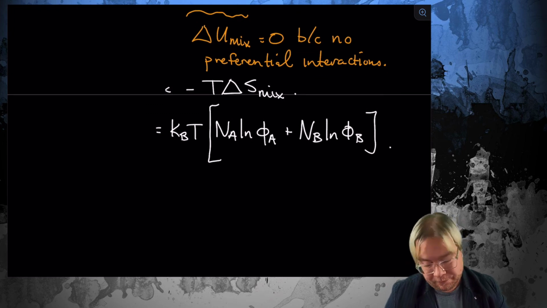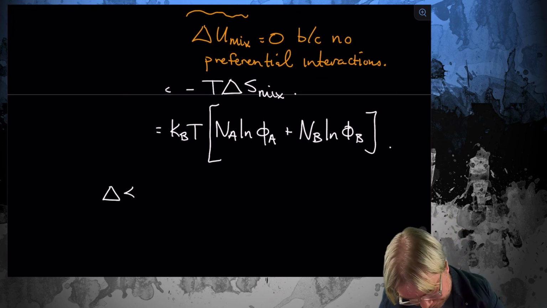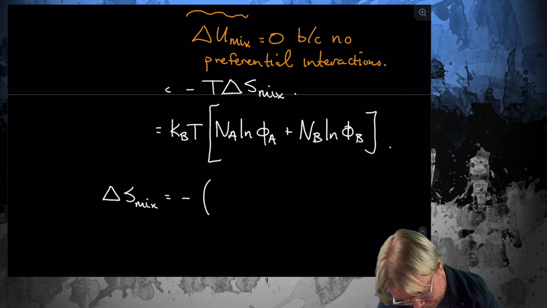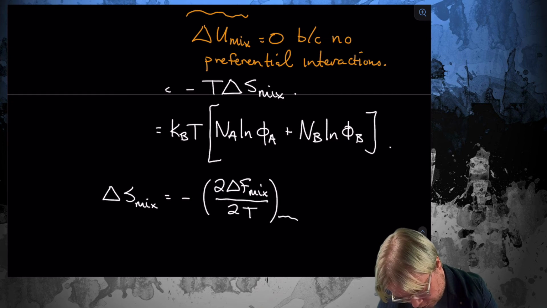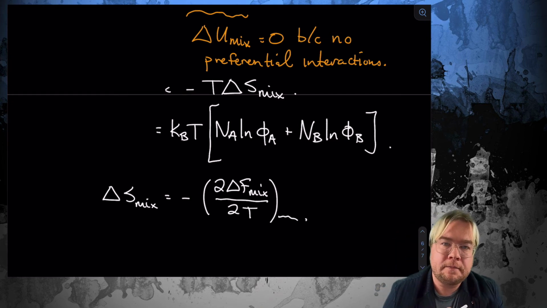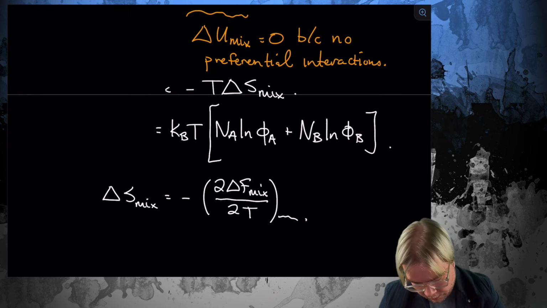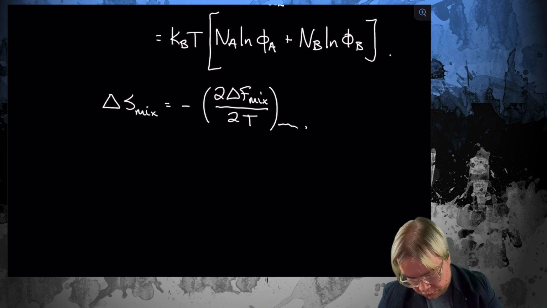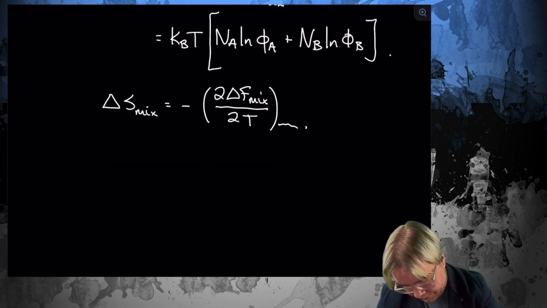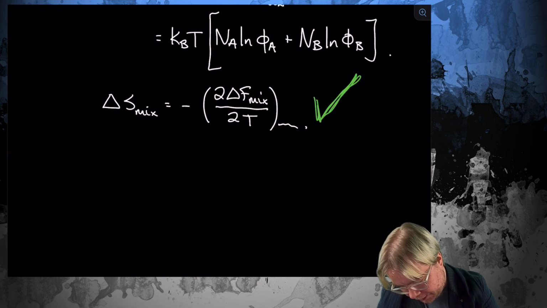I mean, it's trivial, but you could prove to yourself that delta S of mixing is going to be minus the derivative of delta F mix with respect to temperature, holding everything else constant. All right, so that's a good self-check. That's why we spend time learning Maxwell relations.